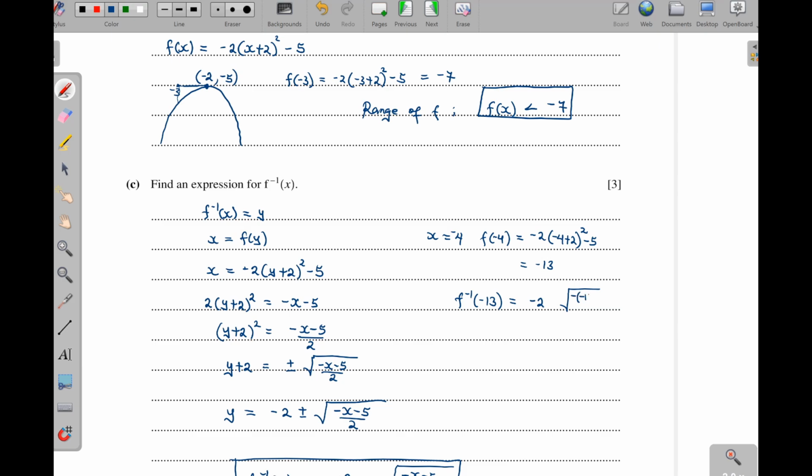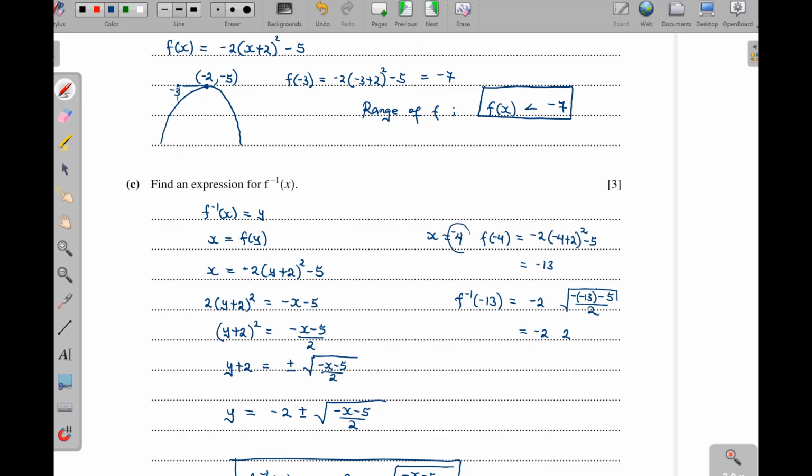Negative, then of negative 13, then minus 5, then out of 2. So what do we get here? This is negative 2. This will be positive 13, then minus 5. What do you get? Isn't that 8? 8 divided by 2, that is 4. And then root of the 4, you get a 2.